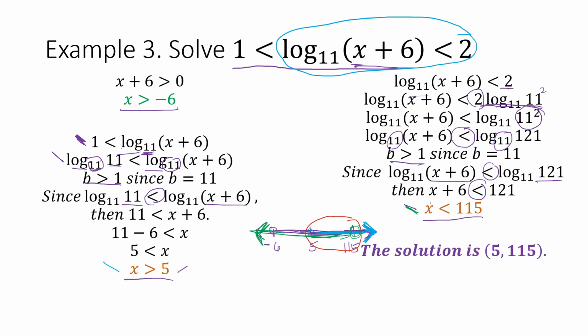Because we have here an open circle, 5 is not included. So, 5 exclusive to 115 exclusive. Meaning the solution is the part which is common to the three solutions. And this is that part, from 5 exclusive to 115 exclusive.